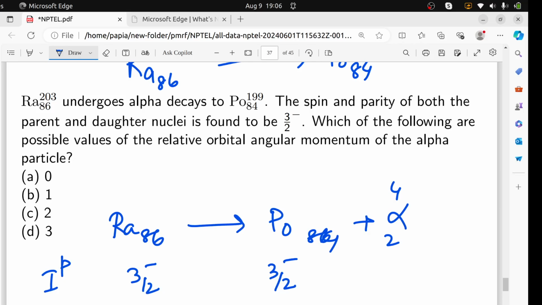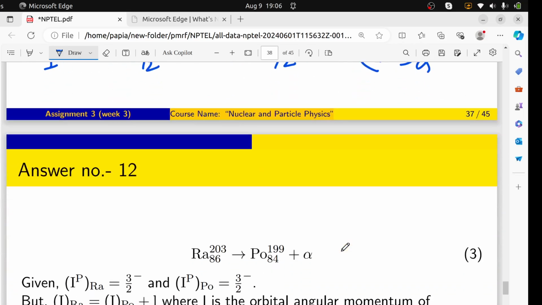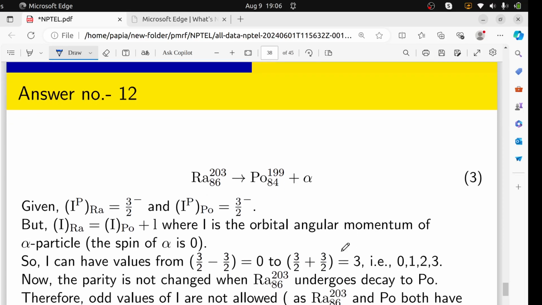First of all, there should be some spin-parity of the alpha. I have written here explicitly that for radon it is 3/2 minus, and for polonium it is 3/2 minus. But just focus on the spin I first.